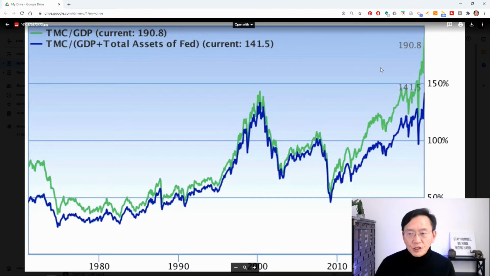Here is the total market capitalization of the equity markets divided by GDP, otherwise known in broad terms as the Buffett indicator. When stock prices compared to GDP are at very high ratios, Warren Buffett would tell you the market is overpriced. You can see here that we have historically high levels on this ratio.